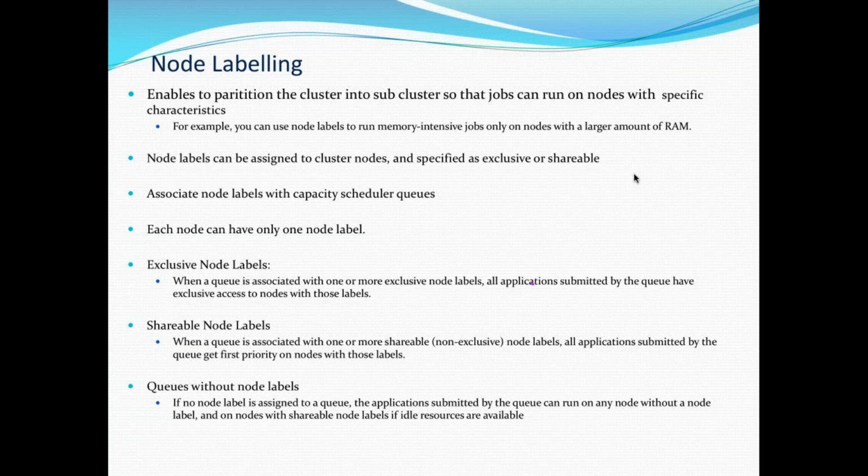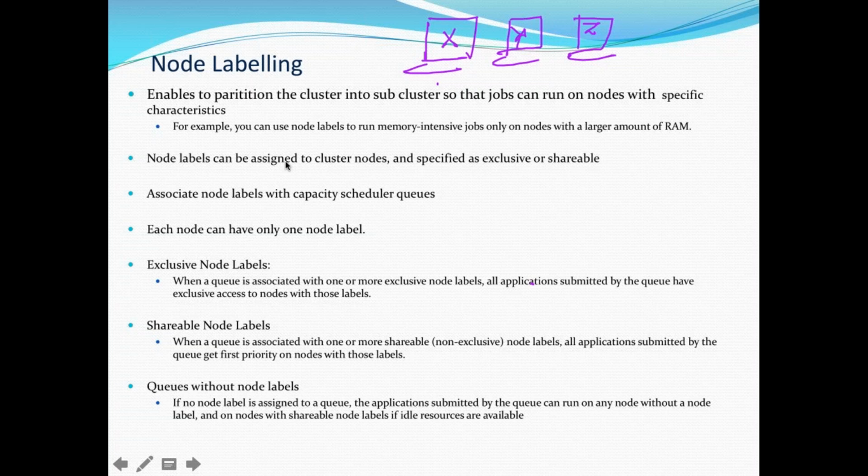But don't you think it would be a really good feature if a developer has been given three hi-fi machines out of a 30 node cluster? You are a developer and you know that certain machines are really very fast, and whenever you submit a job, you want it to go onto those machines.